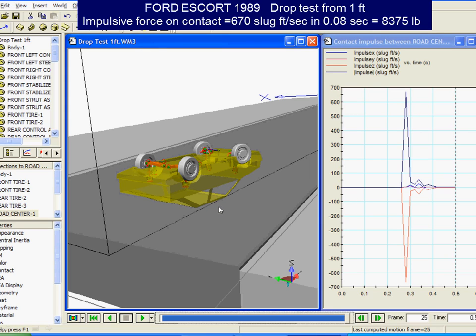The idea is to measure the impulsive force here, which we looked at in here as 670 slug feet per second in 0.08 seconds. See, we can look at that from this and measure the time as well. So if this is the case, we're looking at about 8,375 force.